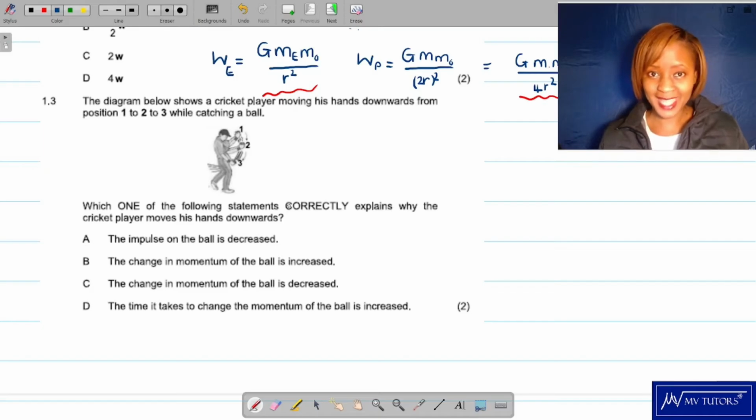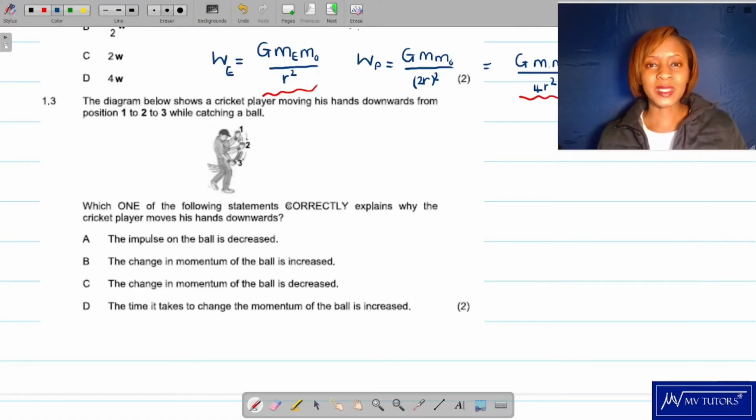Let's say you're doing high jump. As you go over that bar and you jump over it, you're going to land on not a sponge per se, but a mat that is spongy. So your time of landing will actually be longer than if you would land on the hard surface. That will be a disaster if you land on a hard surface on your back.